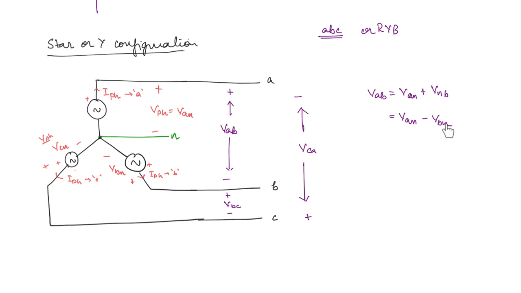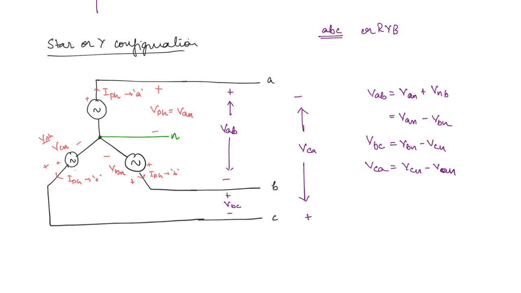If you want to reverse the polarity, then you just put a negative sign. Okay, so minus VBN. So that is why we write it as VAB. Similarly, you can write for other phasors as well. What is VBC? This is VBN minus VCN. VCA is equal to VCN minus VAN. Okay, so these relations we will be using when we draw the phasor diagram. Okay, we will draw the phasor diagram.